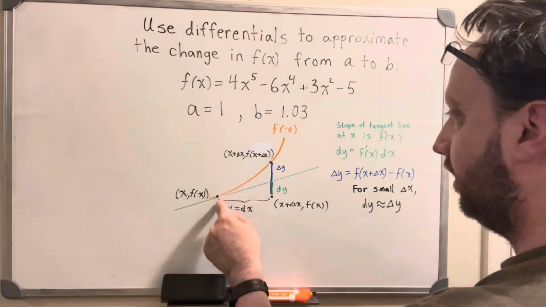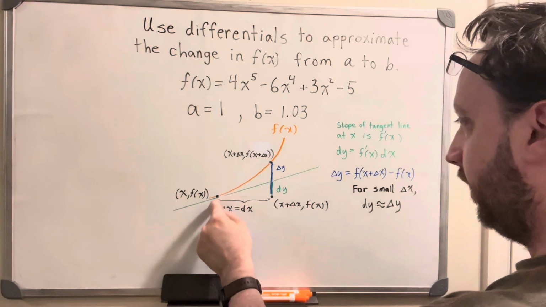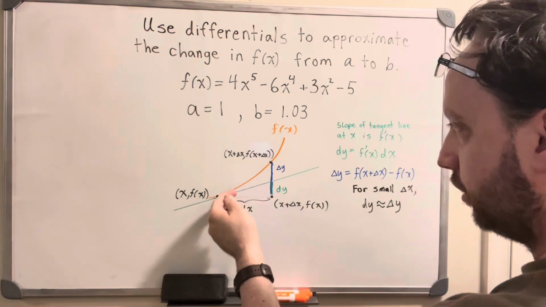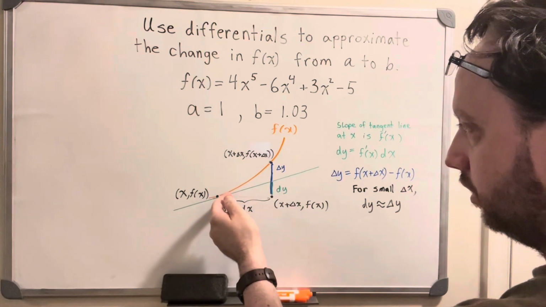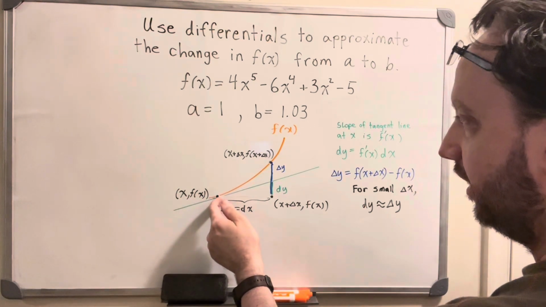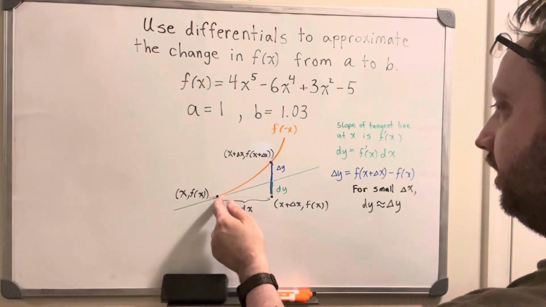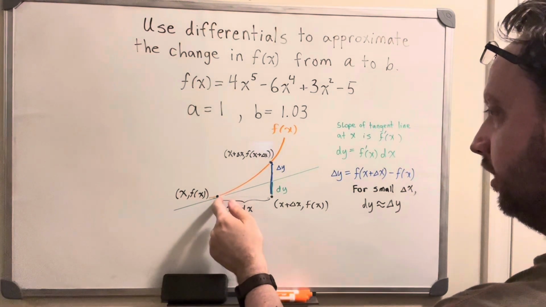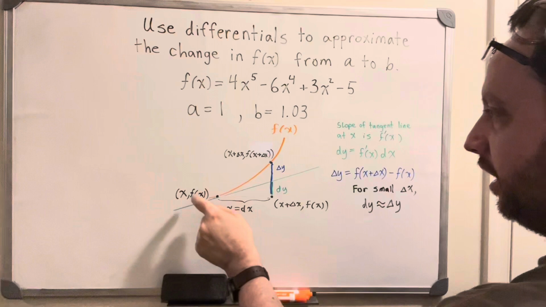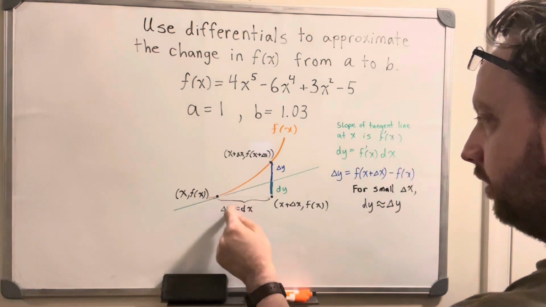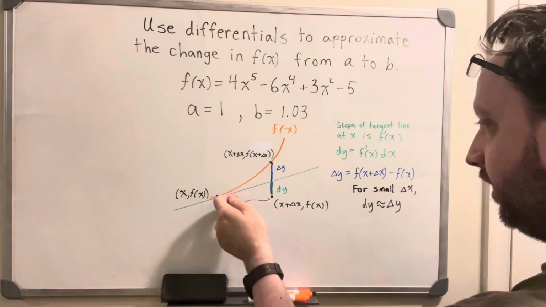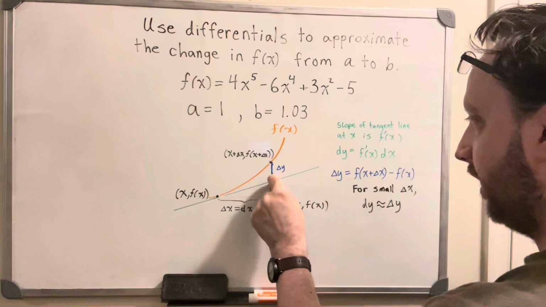As you're moving in the x direction along this straight line, whose slope is equal to the value of the derivative of the function at this x value, with slope equal to f prime of x, then after you had moved dx in the x direction, you would be at this point.